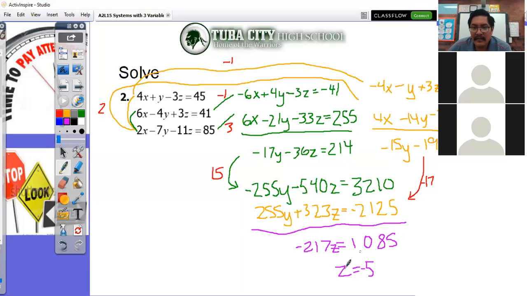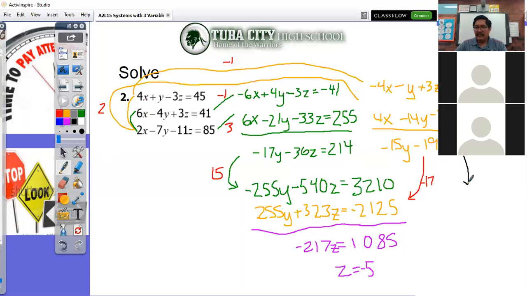Now, we can't plug this z into any of the originals because I'd be missing x and y also. So that means two others I'd be missing. So I'm going to have to pick one of these that I worked with, because these are the only ones that have x out. So if I plug it in here, that'll give me the other one, basically. Which one looks like it's the easier one to work with?